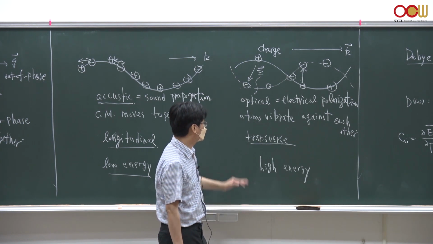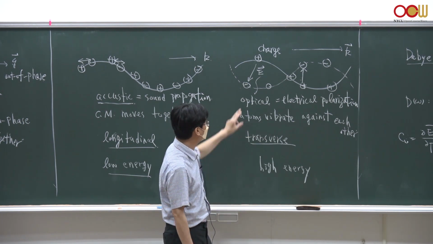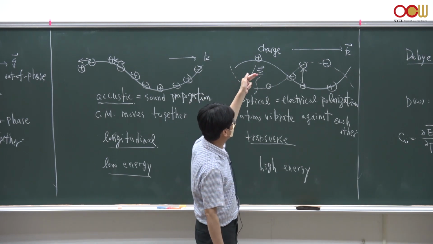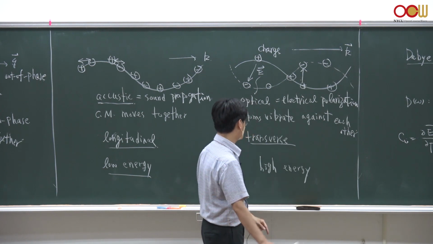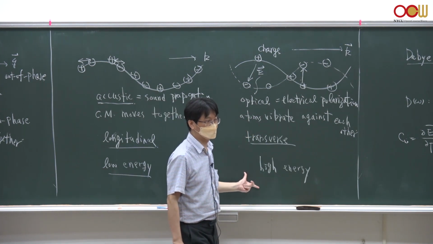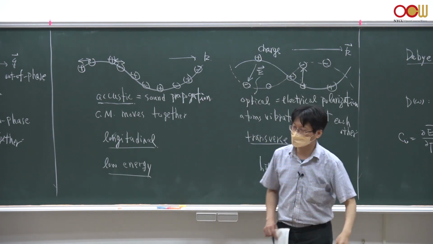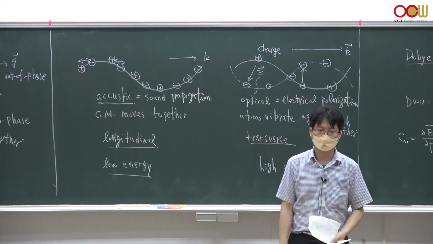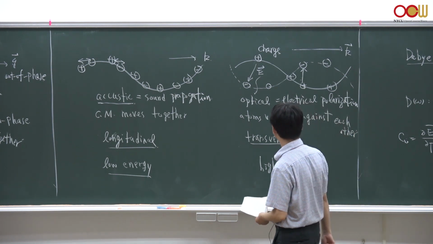So the atoms vibrate against each other, and they can generate electric polarization along the direction perpendicular to the wave propagation. And so it is called the transverse phonon mode, and it costs energy.